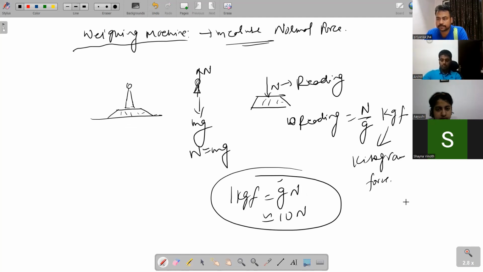Nothing more than that. Sir, kgf is a reading unit. But sir, if force is divided by acceleration, you get kg. Like you get 50 kg, 30 kg, but we call it kgf, kilogram force. Noted?